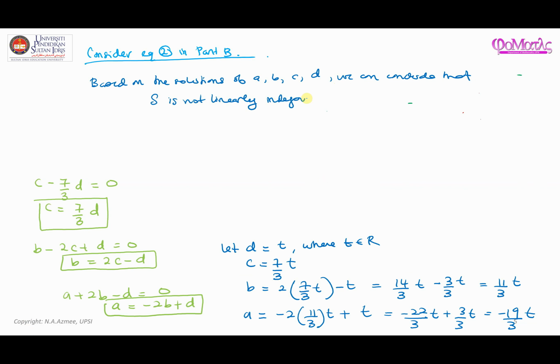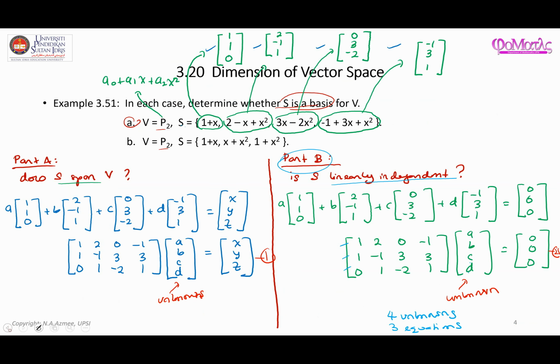So since the condition is not fulfilled, we can say that S is not a basis for the vector space defined as polynomials of degree 2. So for question A, S is not a basis, okay?